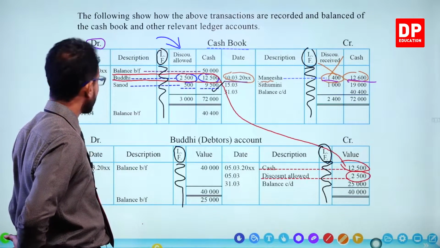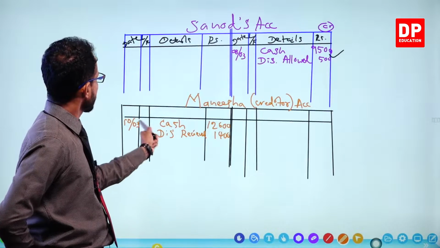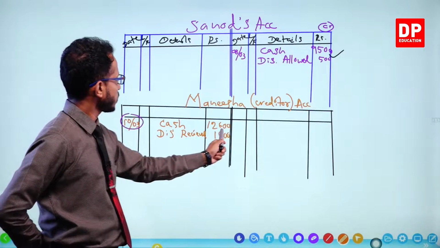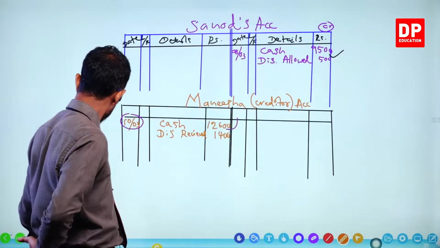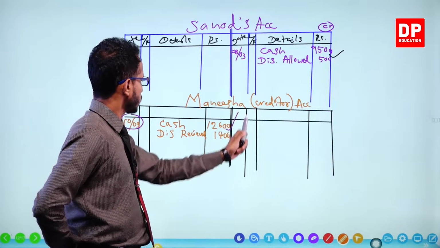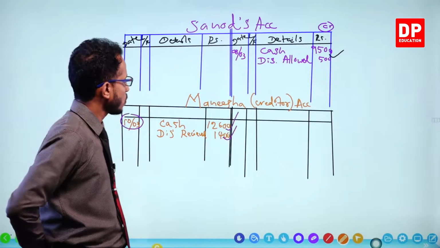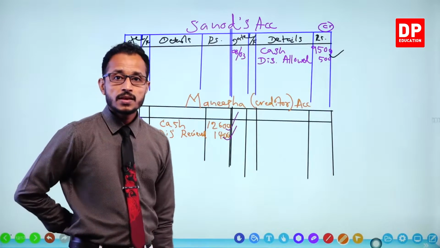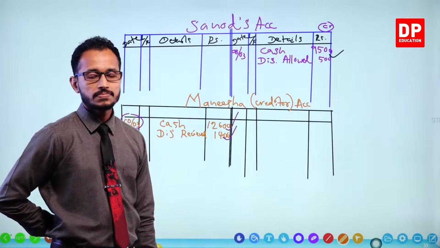10th, cash 12,600, discount received 1,400. The double entry is done.